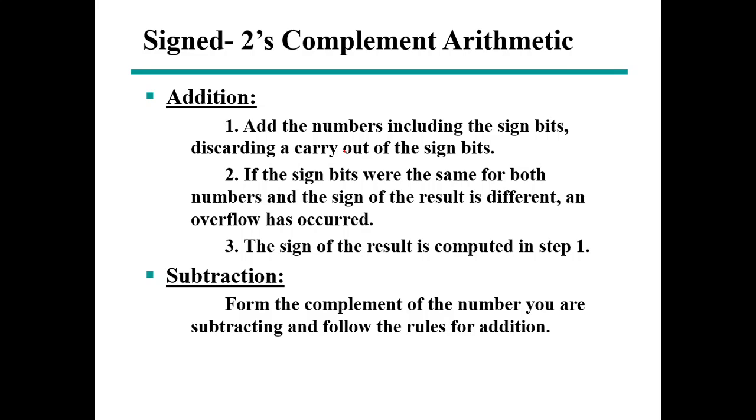If that number is a negative number, say for example minus 6, and you want to represent it in sine 2's complement notation, you first convert 6 into its equivalent binary, then take the ones complement of that binary notation, and then add a 1 to it.